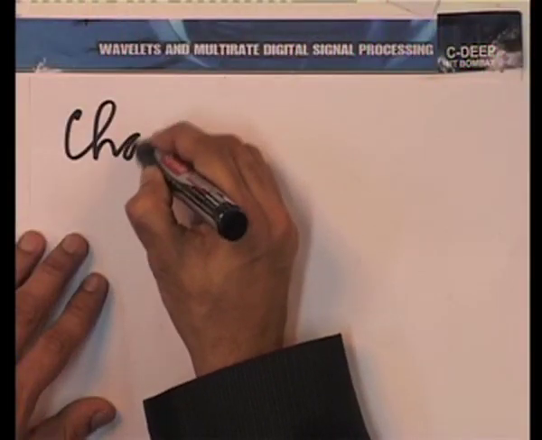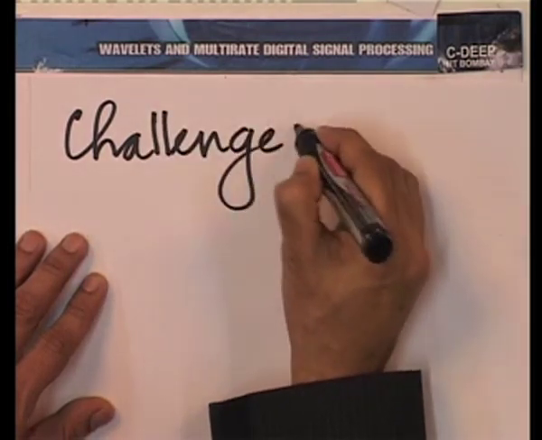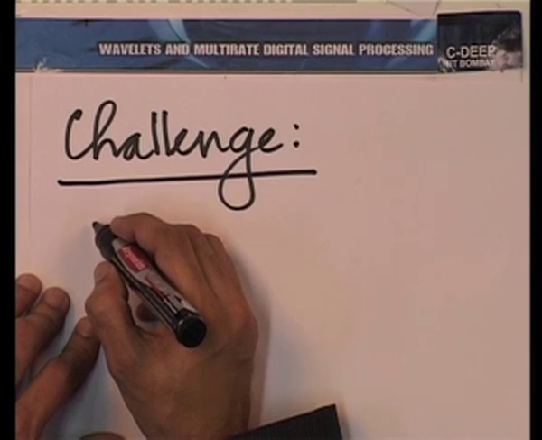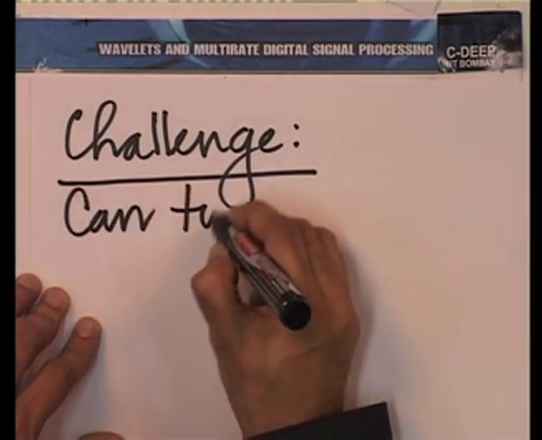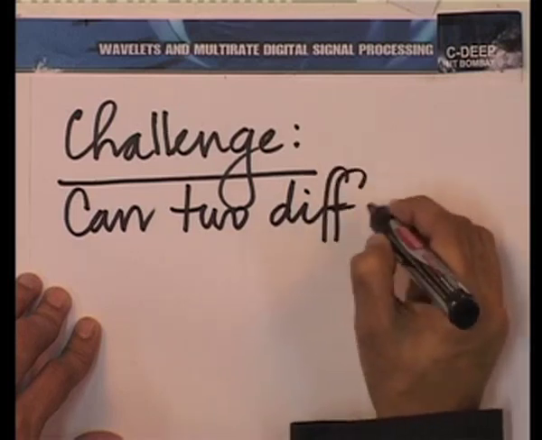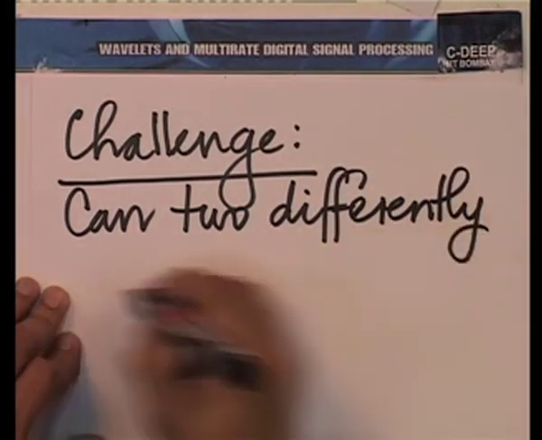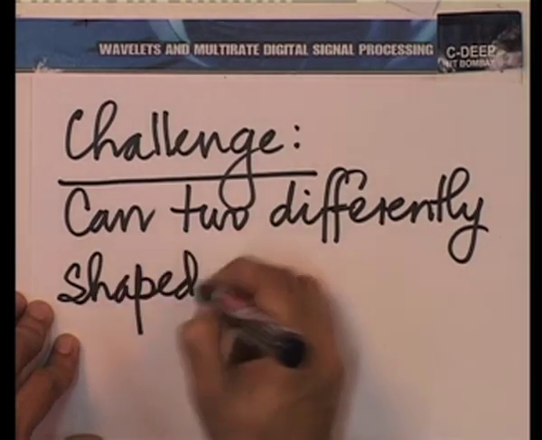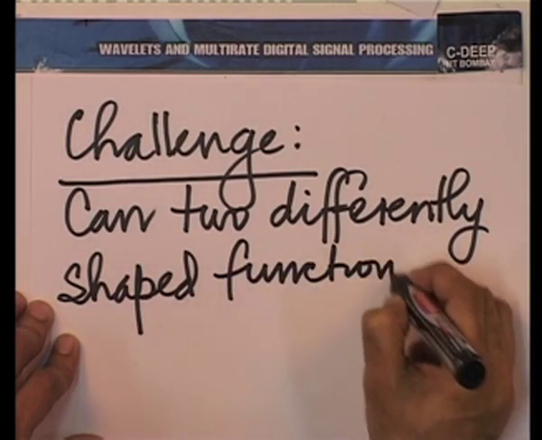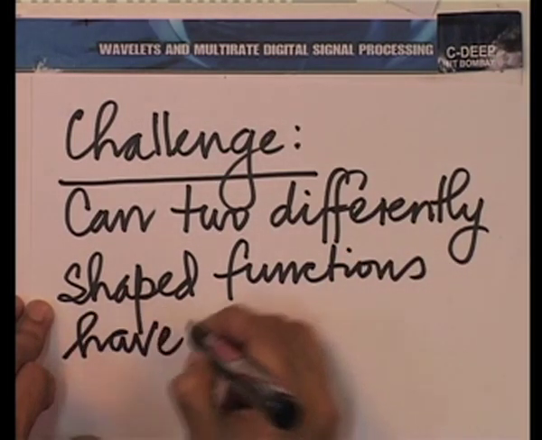Now, I put before you a question for thought. I like to put certain questions to challenge your imagination, and this is one of them. Can two different shaped functions have the same time bandwidth product?